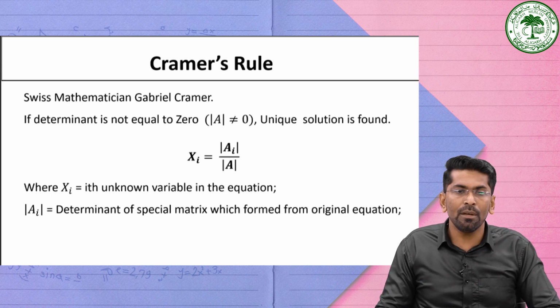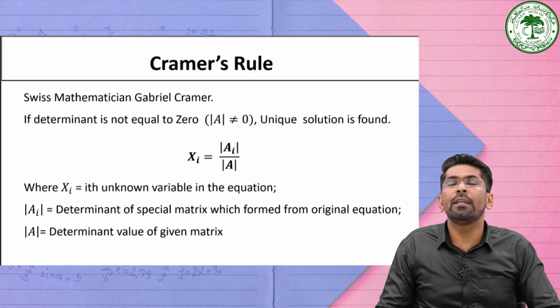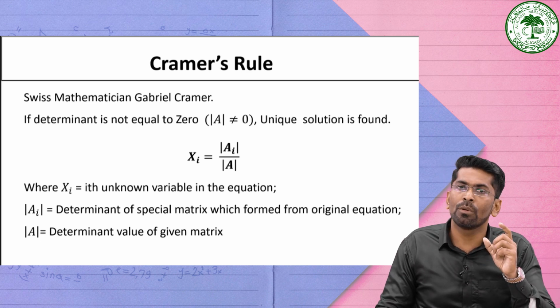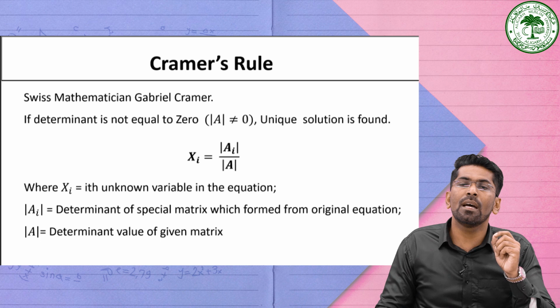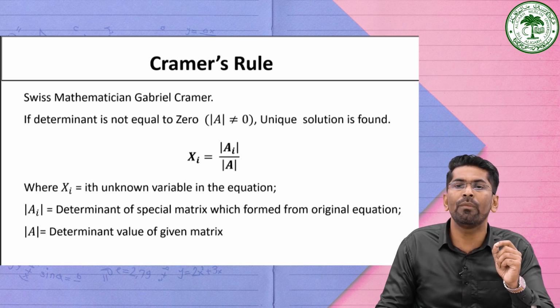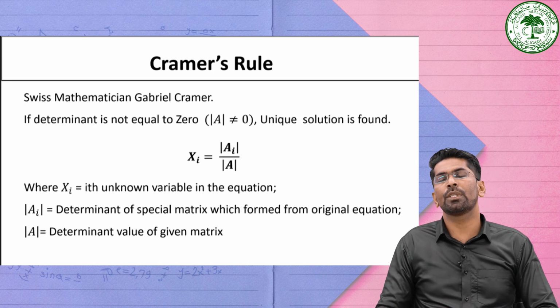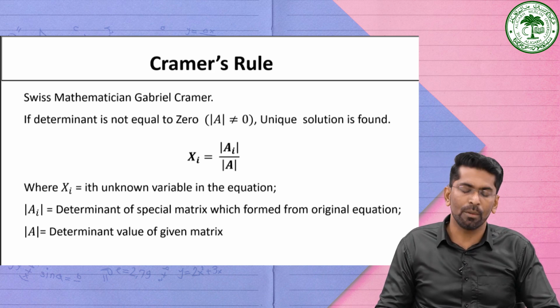The determinant of A is the determinant of the given or original matrix. So Cramer's rule provides one of the simplest methods for solving a system of linear equations through the use of determinants.